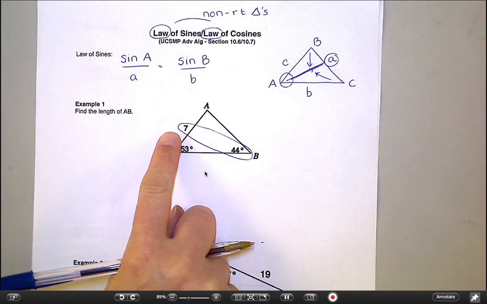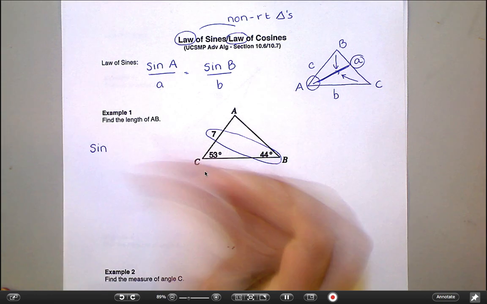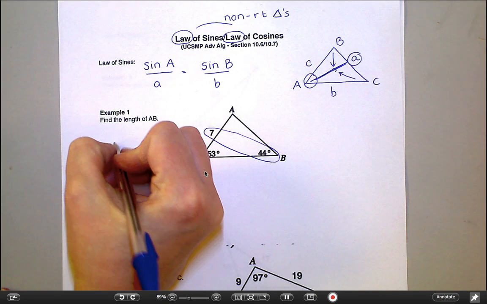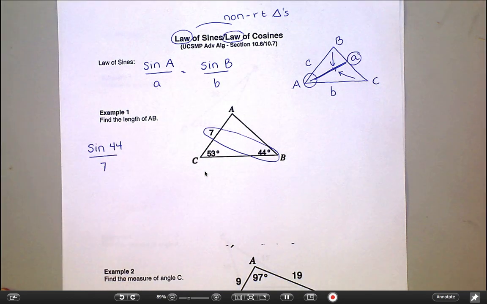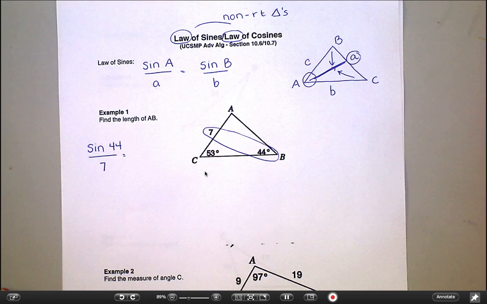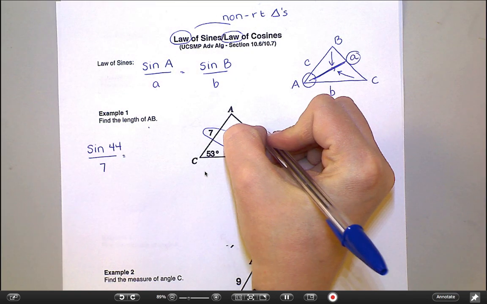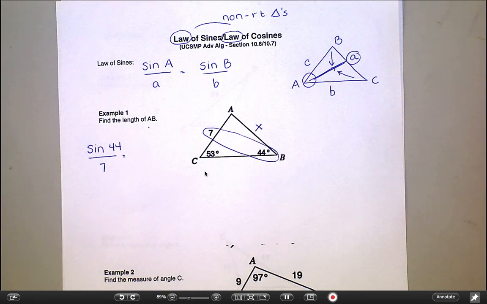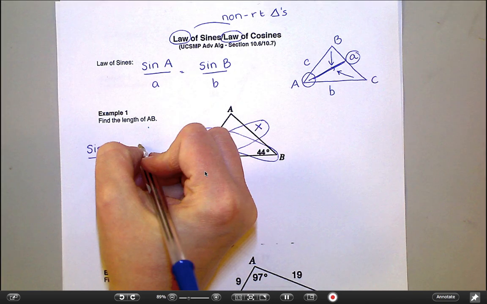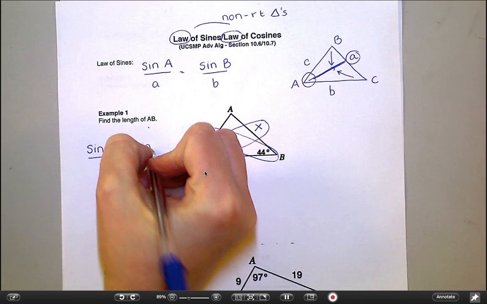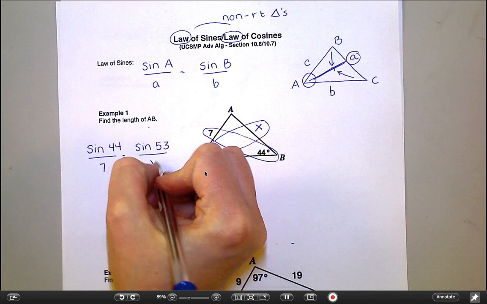Okay, so I can set that up in fraction form by saying sine of the angle over the side length, which is 7, equals, and then I'm looking for side AB, which is this right here. I'm going to just call this X, all right? And that's across from this 53. So I'm going to say sine 53 over my side length X.